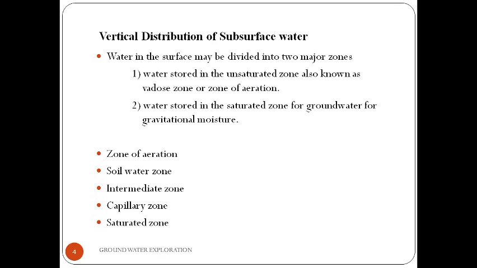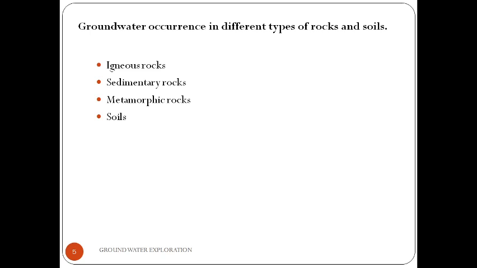So in the vertical distribution of subsurface water, you have learned about various zones such as the zone of aeration, intermediate zone, capillary zone, and saturated zone. So groundwater occurs in different types of rocks and soils.